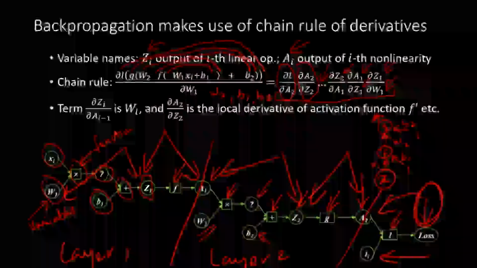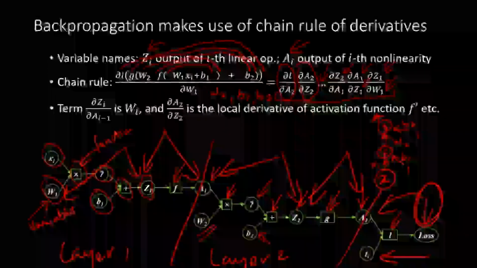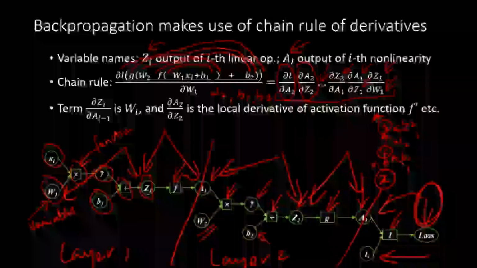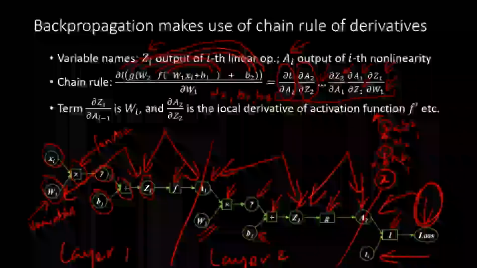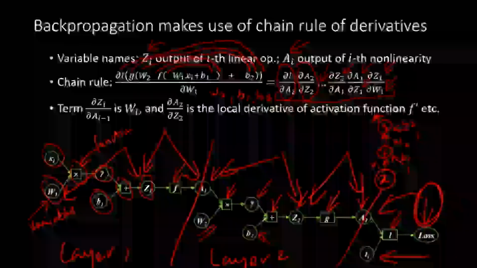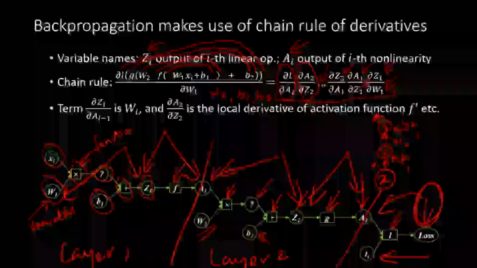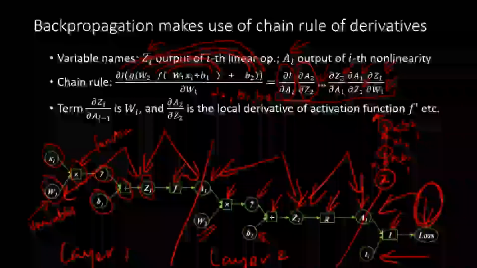So this is how we will compute the derivative of the loss with respect to the deepest of weights, which is closest to the input. Okay, so you will notice that in this entire chain rule of derivatives, there are 2 types of terms that come again and again for multiple pairs of consecutive layers.